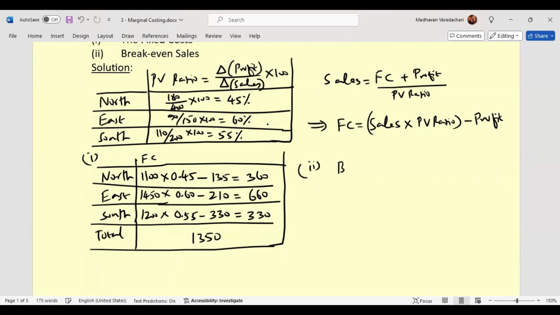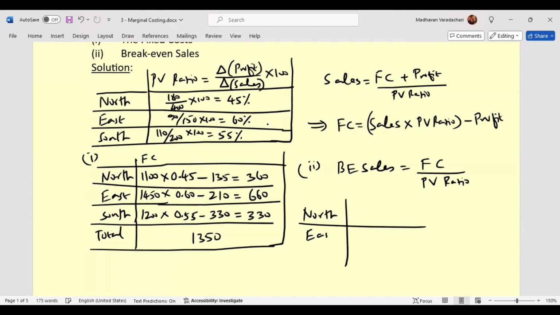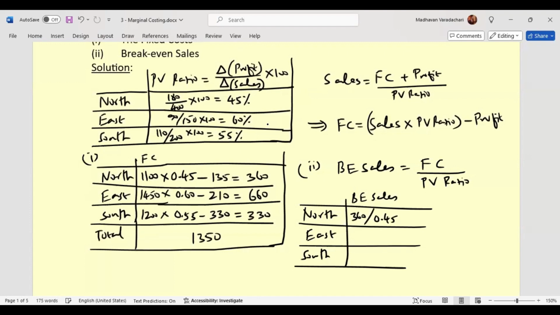We know break-even sales is fixed cost divided by PV ratio. So here north, east, south. First one will be 360 divided by PV ratio, which is 0.45.